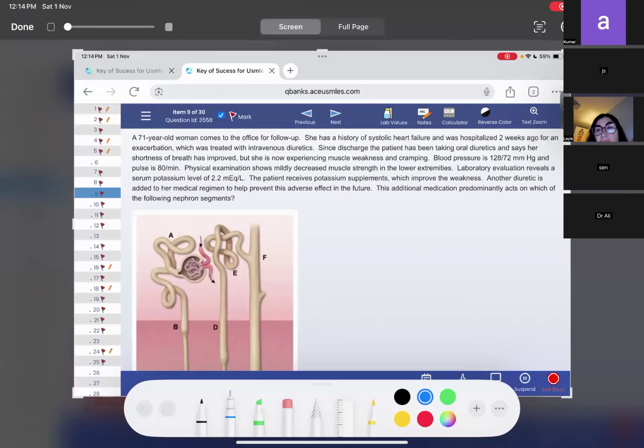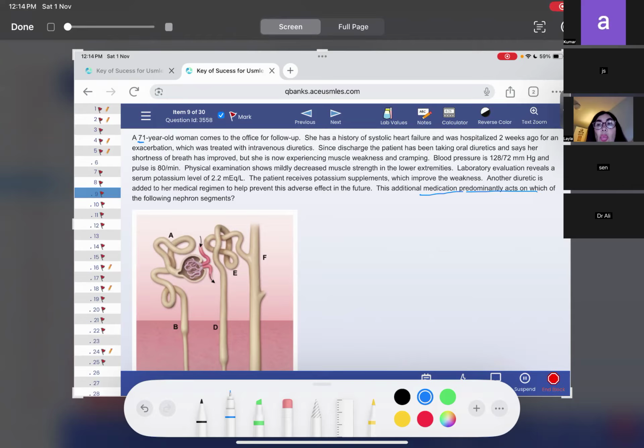This additional medication predominantly acts on which of the following nephron segments? A 71-year-old woman comes to the office for follow-up. She has a history of systolic heart failure and was hospitalized 2 weeks ago for an exacerbation, which was treated with intravenous diuretics. Since discharge, the patient has been taking an oral diuretic and says her shortness of breath has improved. But she is now experiencing muscle weakness and cramping.